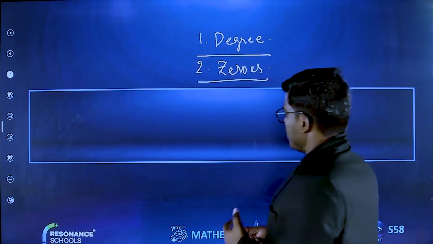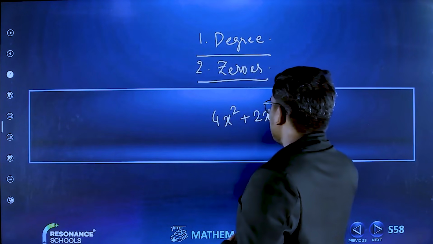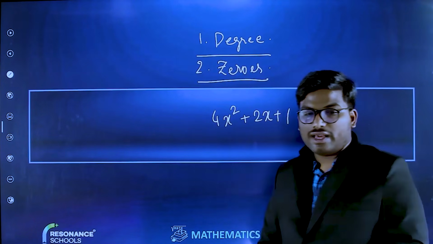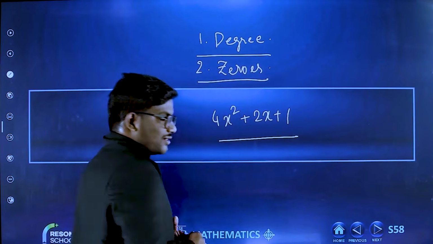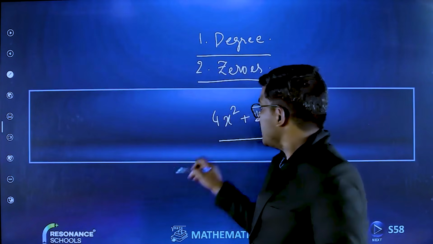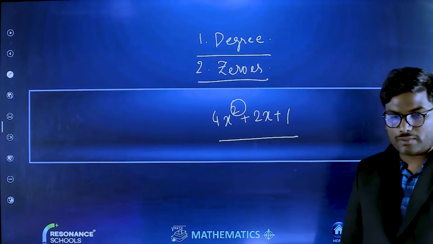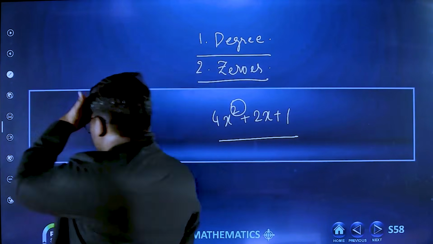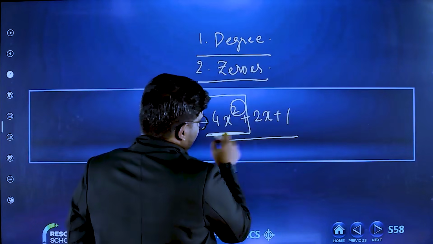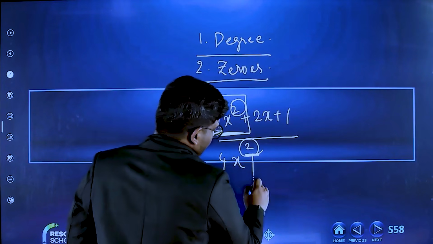So when I just jot down an expression of the format 4x square plus 2x plus 1, and ask you to find its degree, the essential understanding is that the degree refers to the highest exponent present in the polynomial. And the highest exponent present in here belongs to the term 4x square, and the exponent is particularly 2. So 2 is the degree.